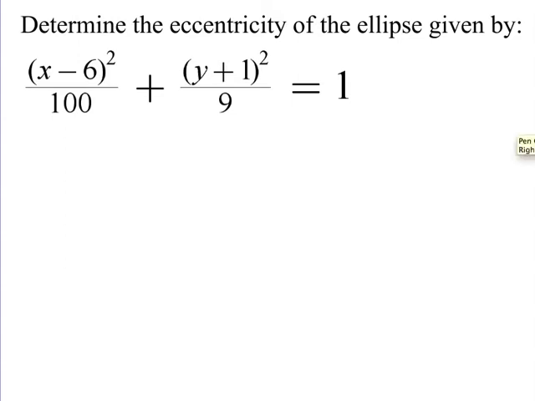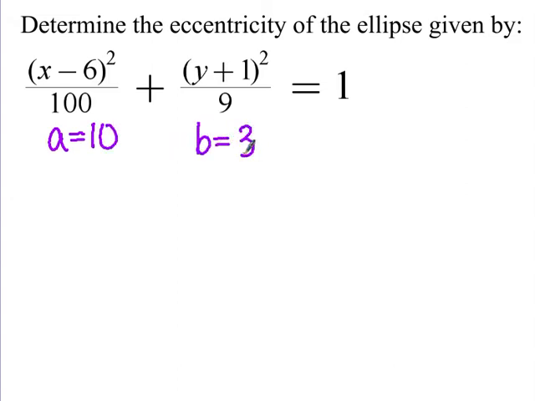It says determine the eccentricity of the ellipse given by the following equation. Now remember, it's the ratio of C to A. So in this problem, I know that A is what? Louder. 10. A is 10 because it's the square root. B is 3.